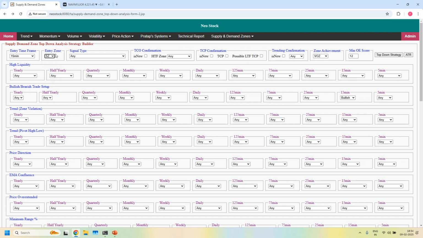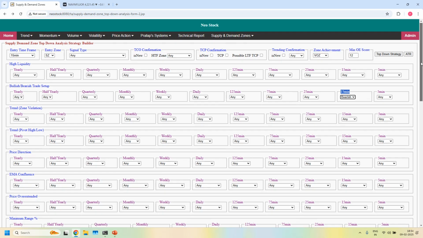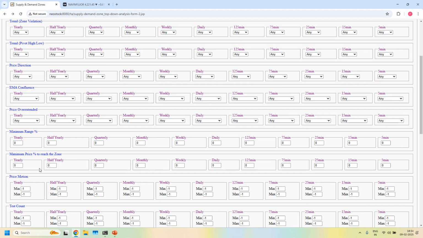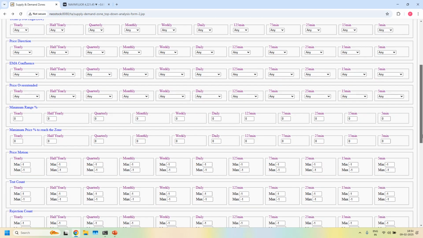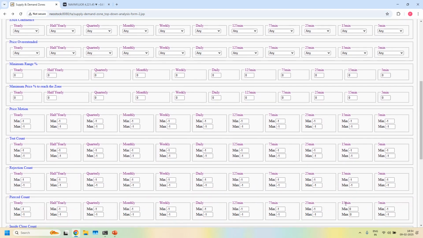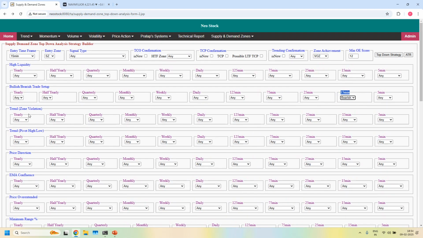Supply zone I am selecting. In bullish or bearish trade setup at 15 minutes I am selecting bearish. The remaining 3 filters we set earlier, VOZ and the minimum odd enhancer score 12 and a piercer zone count we have 15 minutes, minimum 0, maximum 0. But this time the filters are applied to 15 minute supply zone.